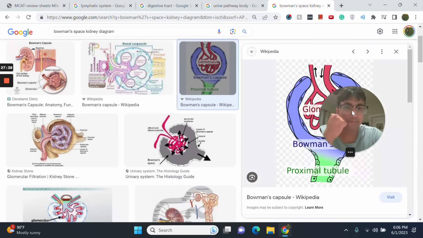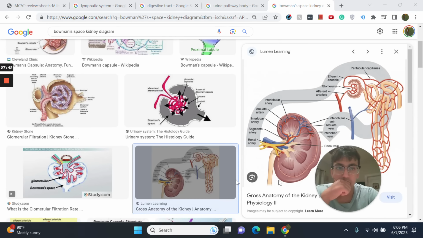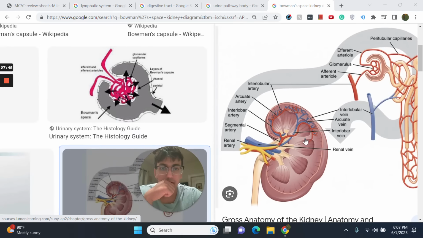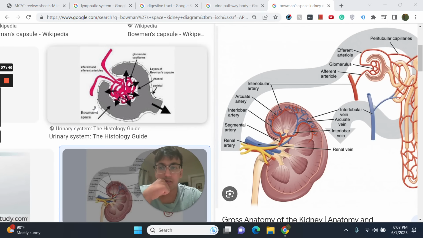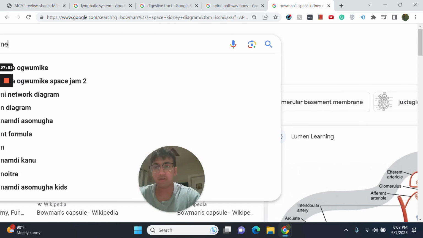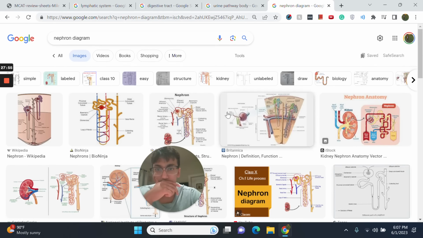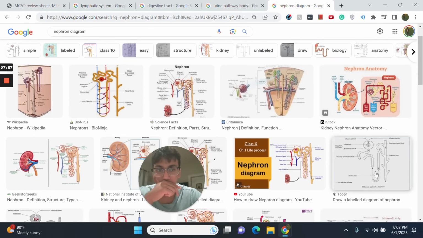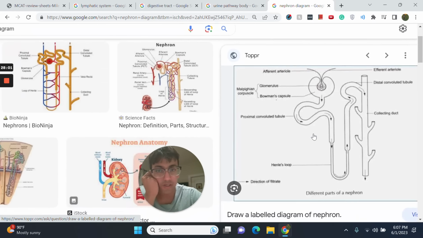Okay, so you have the kidney, right? And the kidney has these little nephrons. Let's show you that instead. Okay, so this is a nephron, which is kind of like the functional unit of a kidney.